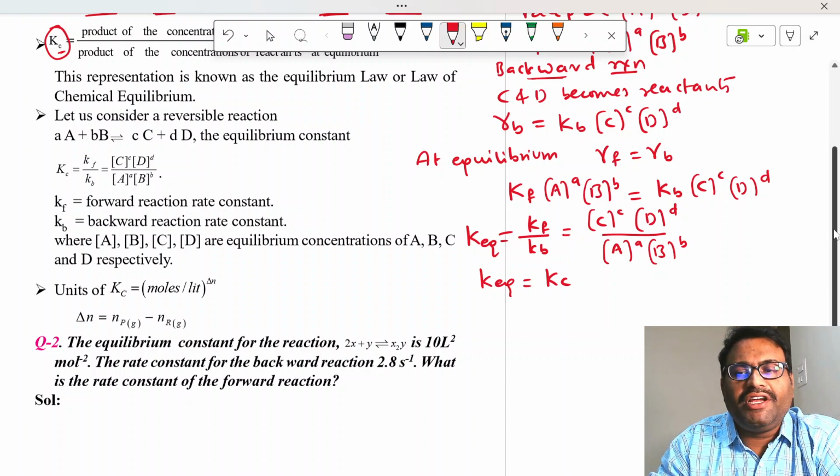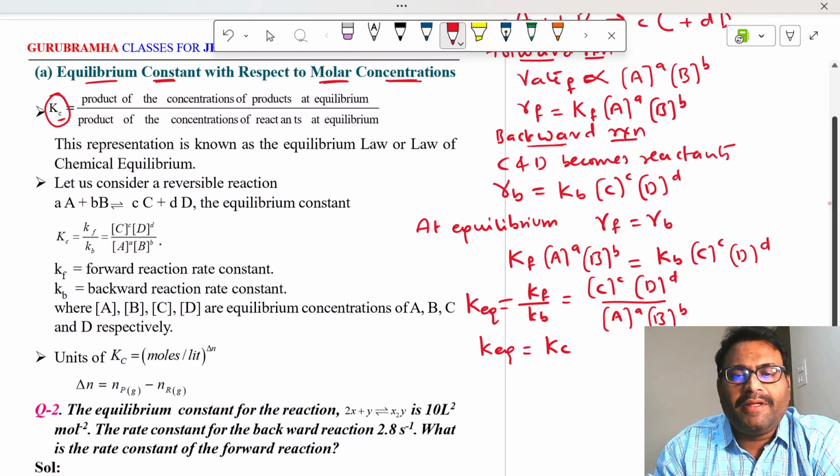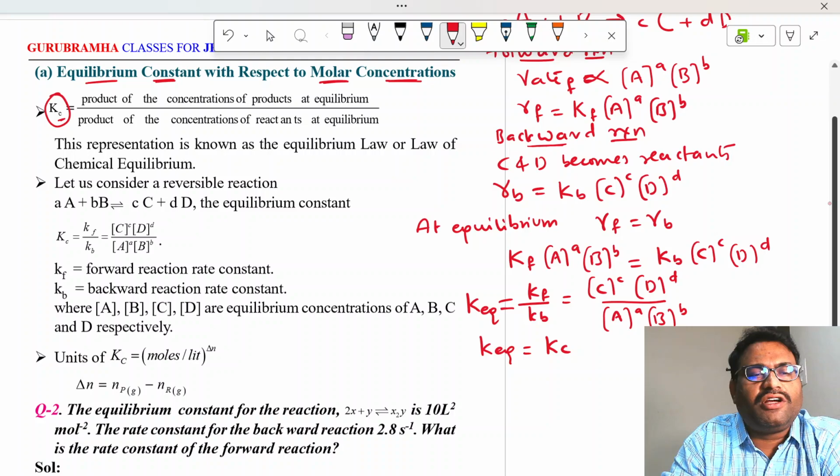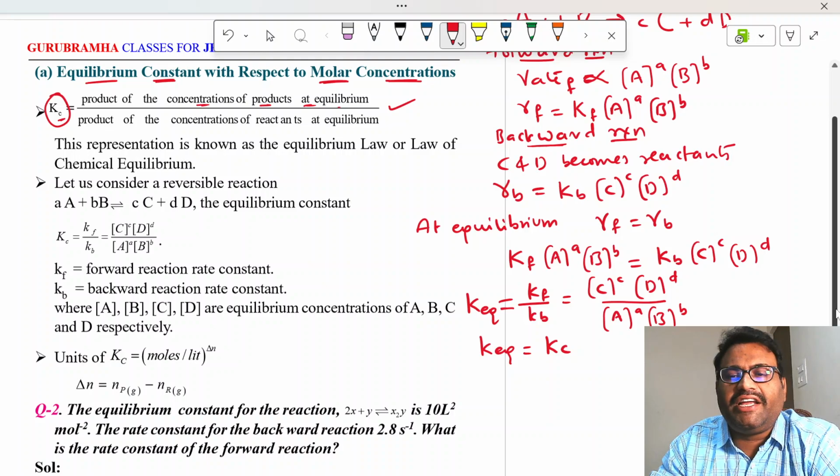So what did we get here? The equilibrium constant is equal to the product of the concentrations of the products over the reactants at equilibrium.